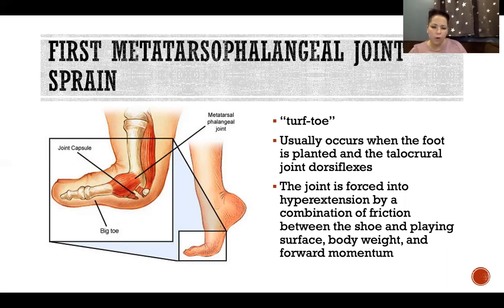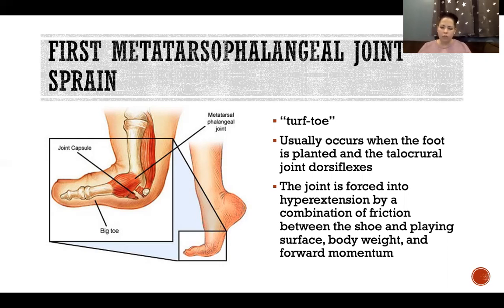So the joint is forced into hyperextension by a combination of friction between the shoe and playing surface, body weight, and forward momentum. Okay, so it happens like when you have cleats on and your cleat is stuck in the mud and your body keeps going. You've got momentum of your body moving forward in front of where your feet are planted.